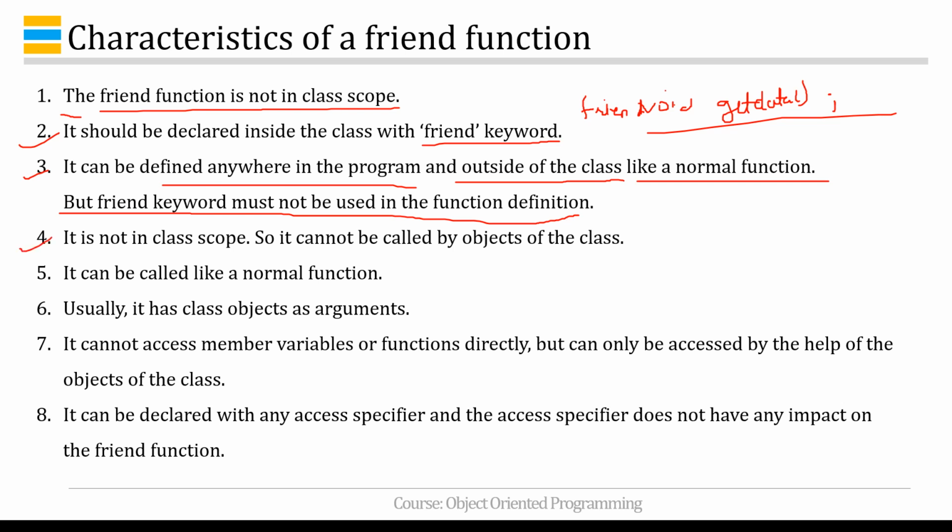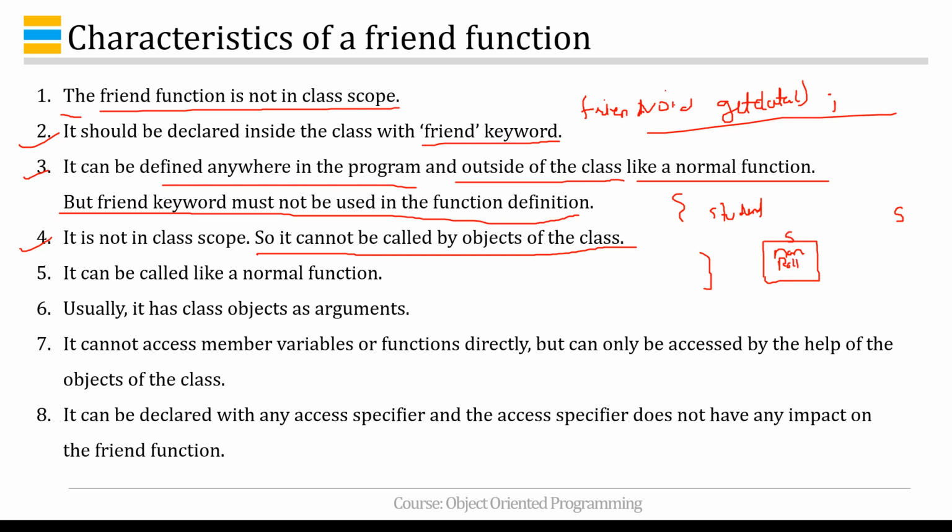Fourth point, it is not in the class scope, so it cannot be called by objects of the class. Because suppose you have a class Student, and if you create an object S of the Student class, whatever information is there will be available in this class, suppose name, roll number, and so on.